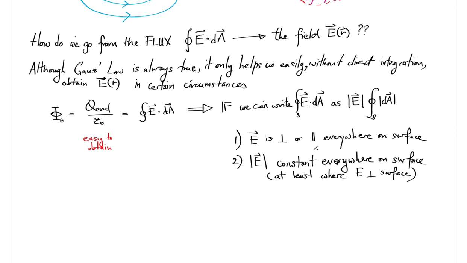If E is parallel to the surface, then the dot product is 0 anyway, so you don't care what the magnitude of E is, because there is no field passing through any part of the surface where it's parallel.